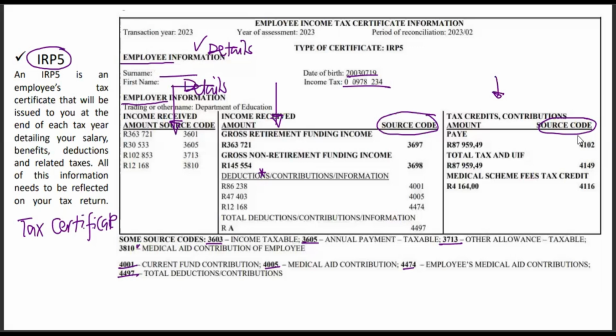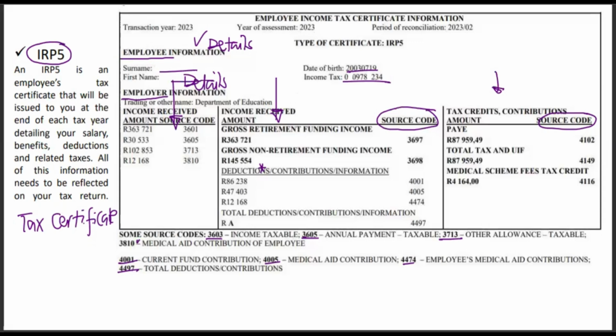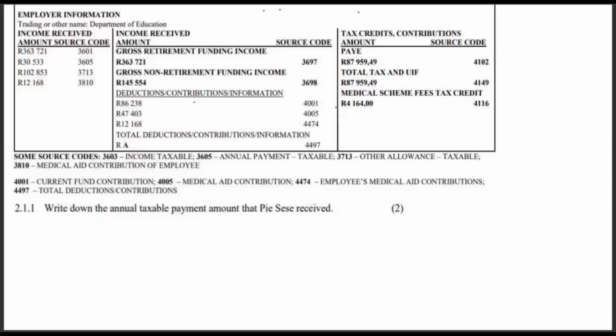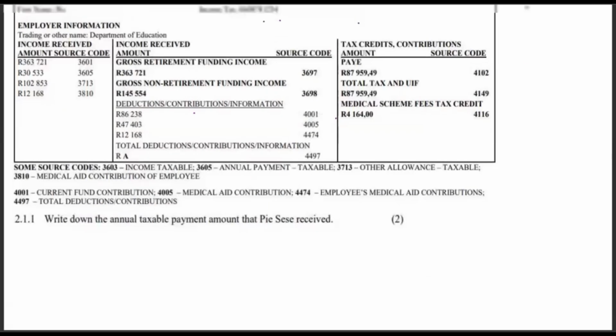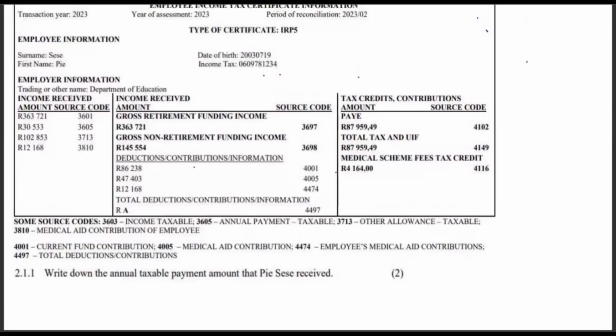Okay, let's see which question. Sometimes it's straightforward. Let's look at what they're telling us to do. Let's take an example here. This is still the same, and the question is here.